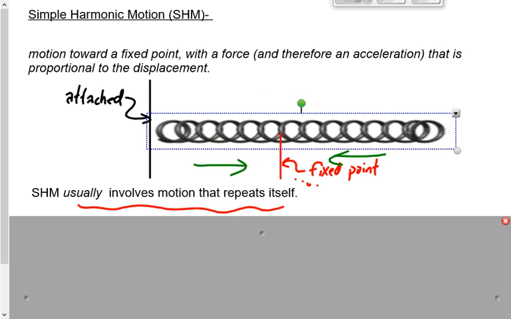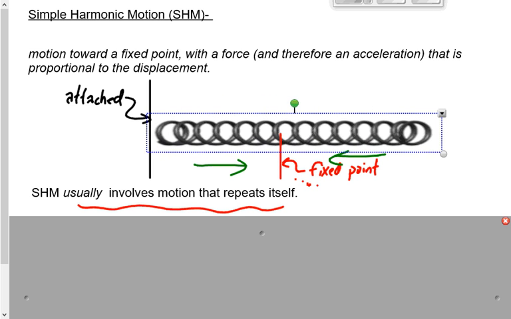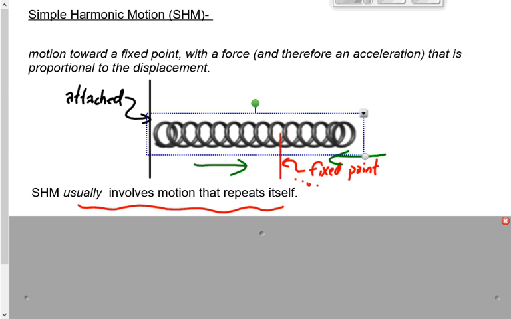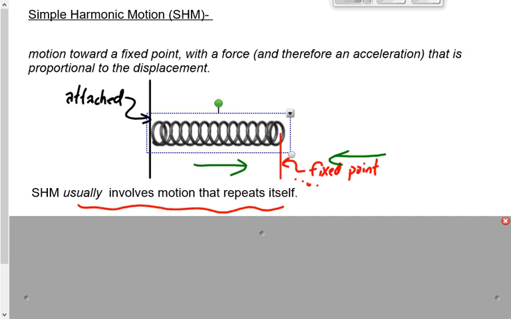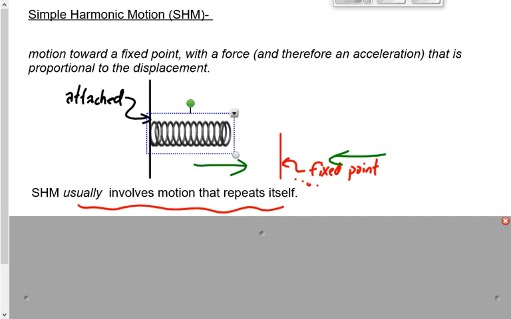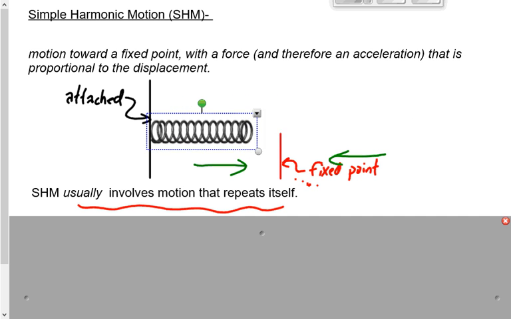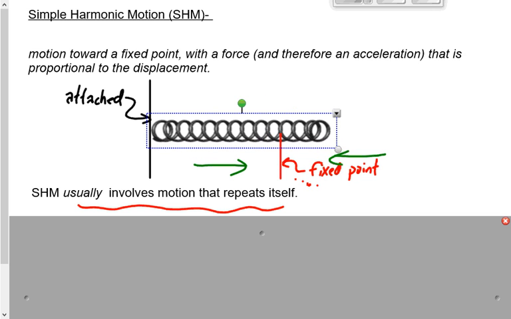Because it's related to how much it's stretched or compressed, the force here is bigger than the force here, which is bigger than the force here. The force decreases as x decreases, and the force pulling it back to the fixed position increases as x increases, and so on and so on. That's what causes what we perceive as simple harmonic motion, which is motion that repeats itself.